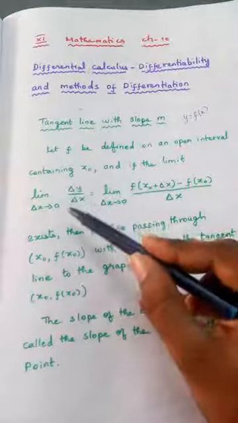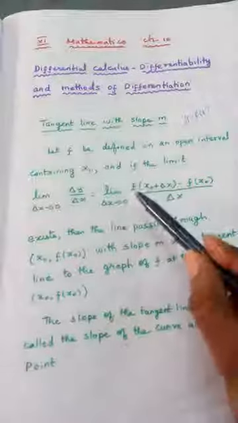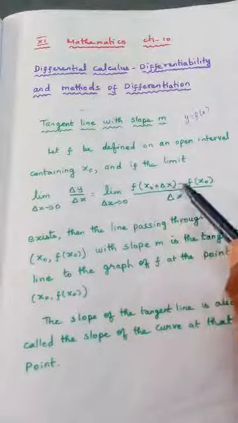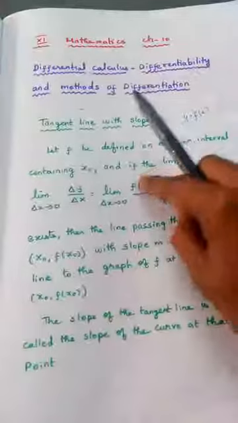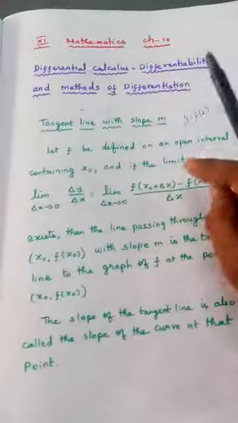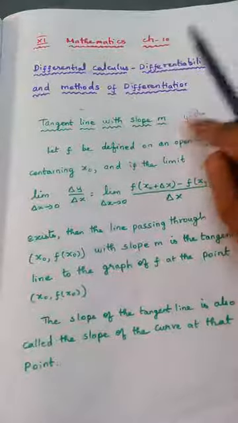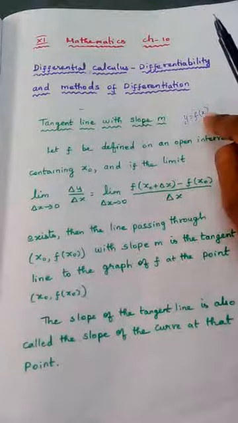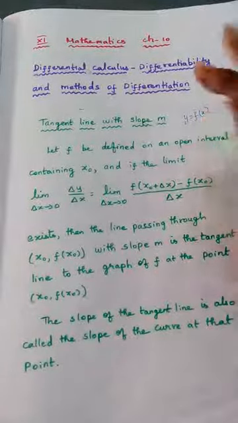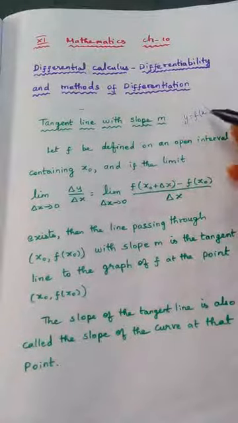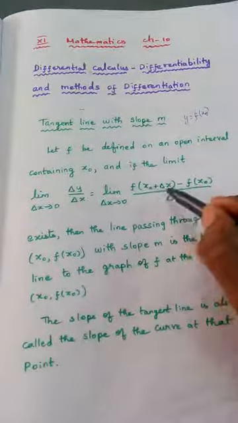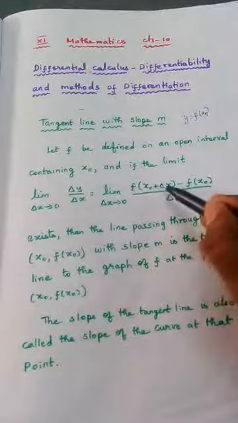And this can be written as f of x naught plus delta x minus f of x naught by delta x, which is called change in y, because when will y change? If x changes. Suppose x naught changes, which means it gets added with some small number, x naught plus delta x.